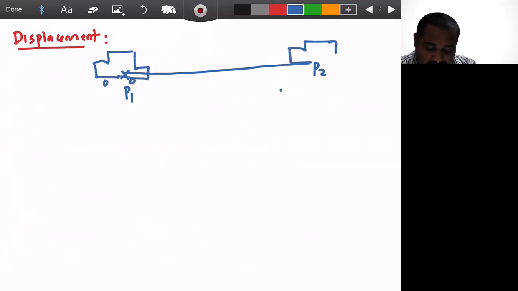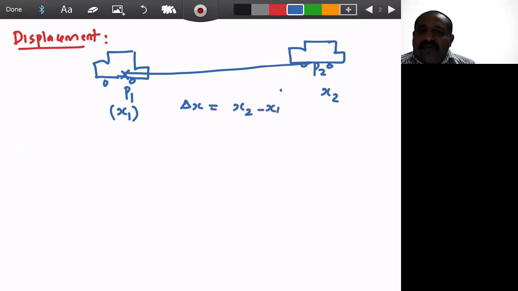After some time, it reaches here. So what will be the change in position? This position is measured using a value x1, that is x1 distance away from any arbitrary point. And this is x2 distance away from that same arbitrary point. So in that case, displacement is equal to the change in position, that is x2 minus x1. Is it clear? So that is a change in position, x2 minus x1. Obviously, this is a vector quantity.